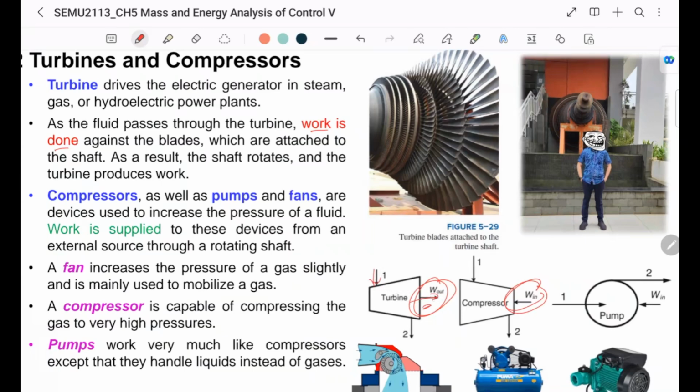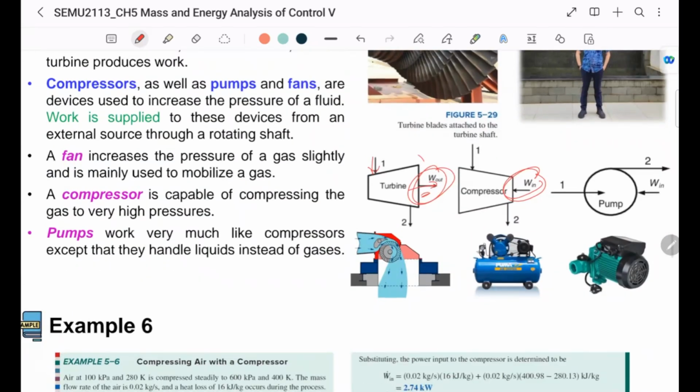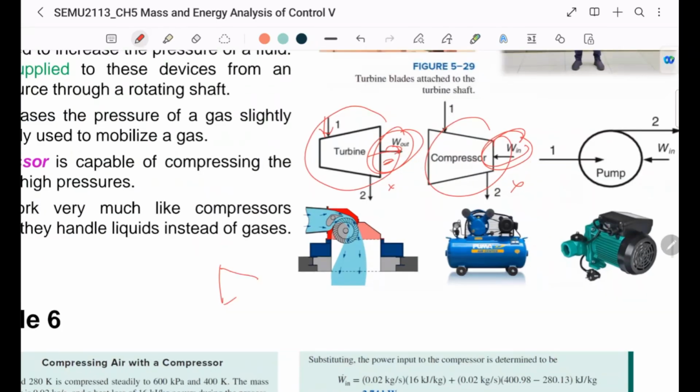Okay. And how this is being drawn, in fact, is not correct. I don't agree with this. For turbine, we draw like this. This is 1, this is 2. Okay? And P1, P2, P1 always larger than P2. Okay?